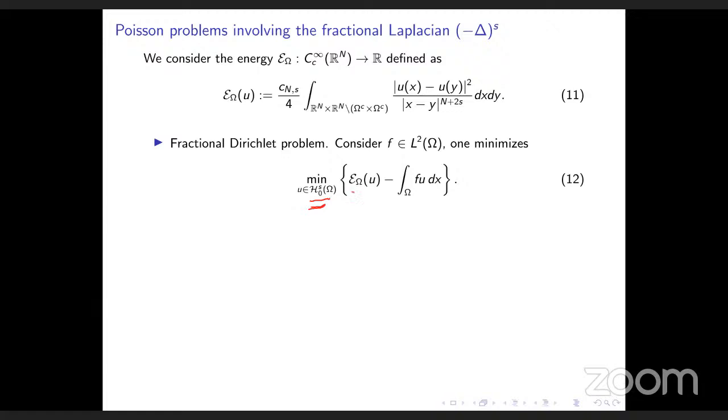This is exactly the semi-norm in H^s(Rn), of course squared, times 1/4. Because if you remember very well, the calligraphic H^s_0, which is different from H^s_0, is defined on the whole space. These are functions that are defined on the whole space Rn, but are zero outside omega.